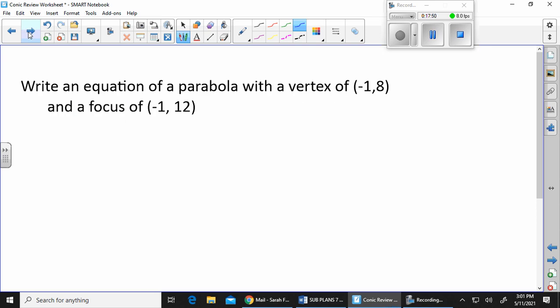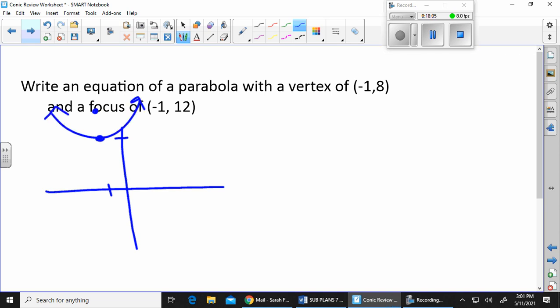15, write an equation of a parabola with a vertex and a focus. So -1, 8, that's my vertex. If the focus is -1, 12, I know it's right side up, which I know x is first, and since it's up, p is positive.